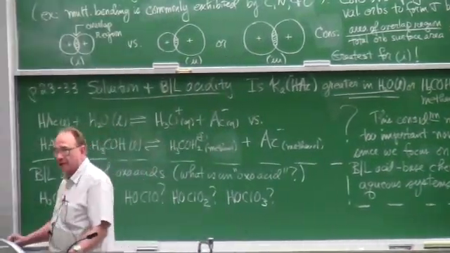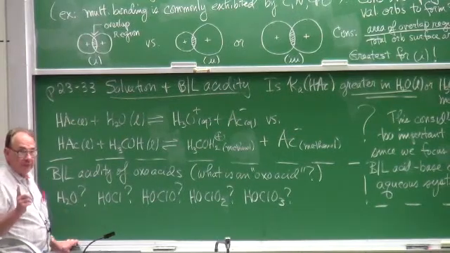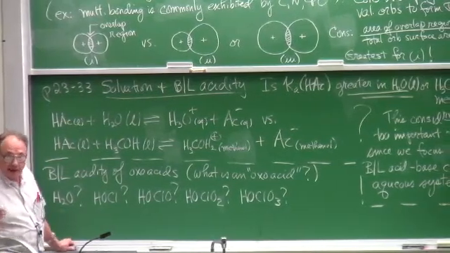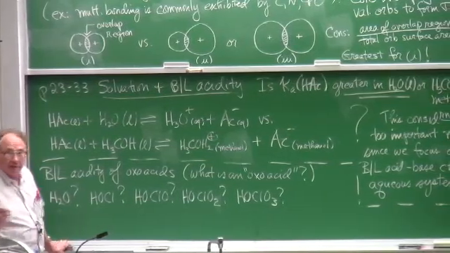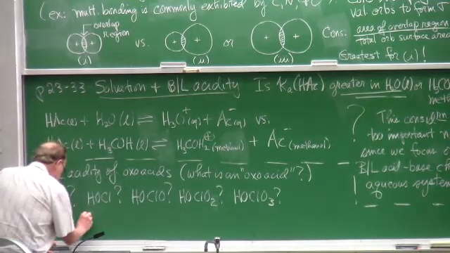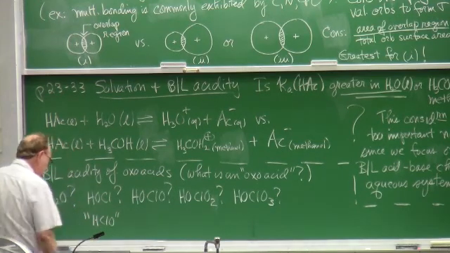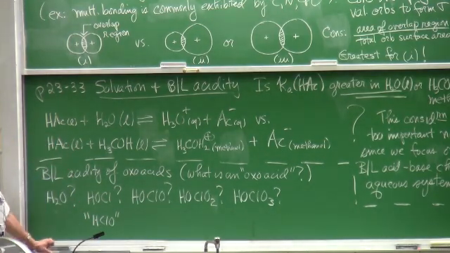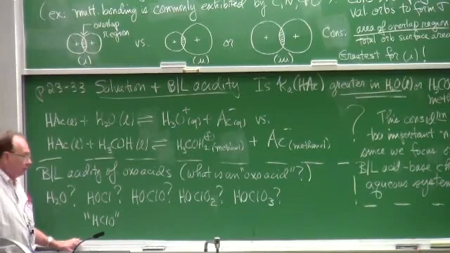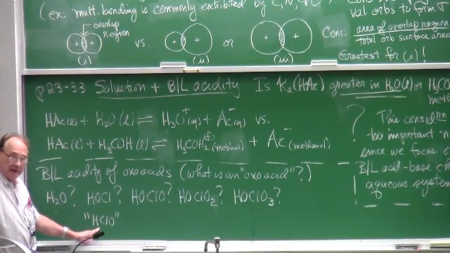How about hypochlorous acid? Now let me remind you about another problem that will arise regarding formulas as they are written commonly by textbooks. Textbooks generally write the formula for this acid this way.